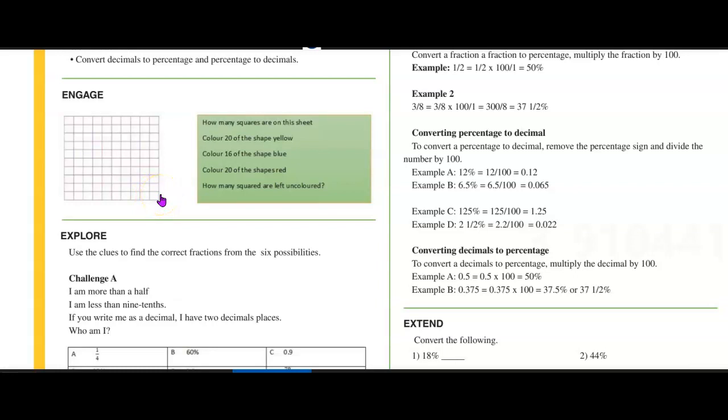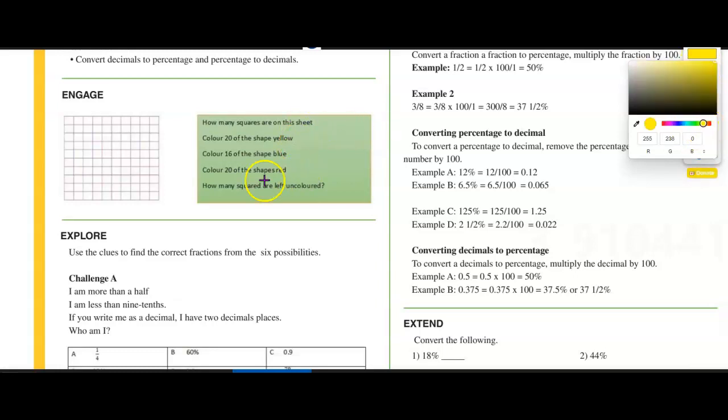So 10 by 10, and we would get 100. Color 20 of the shapes yellow, 16 of the shapes blue, and 20 of the shapes red. How many squares are left uncolored? All right, see if we can do some of that.